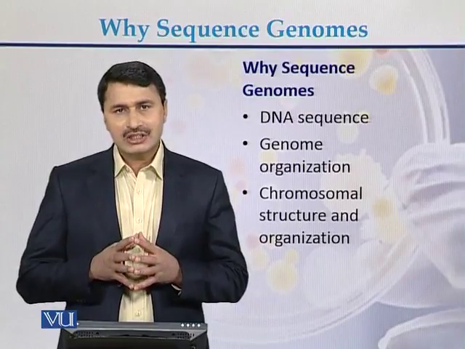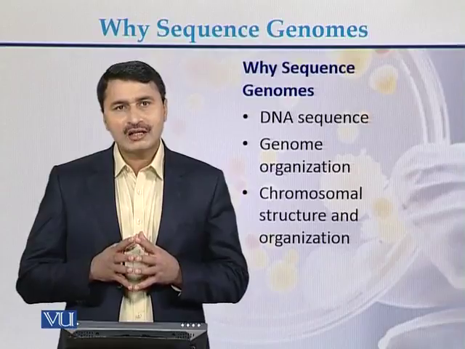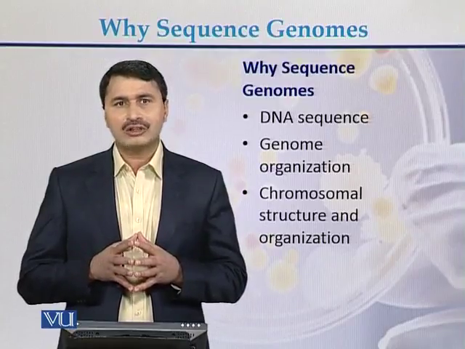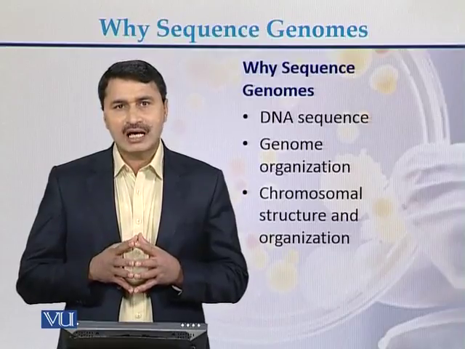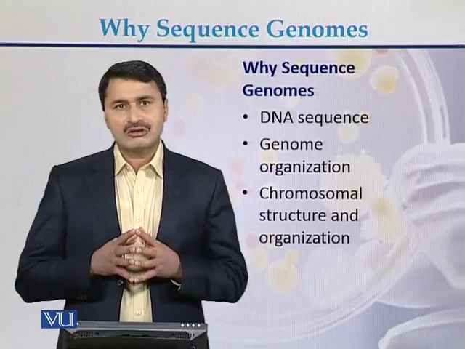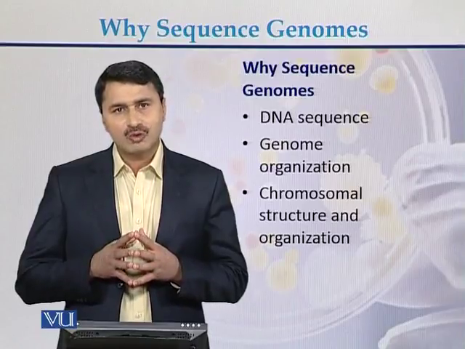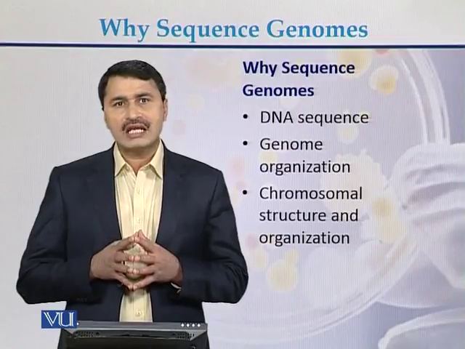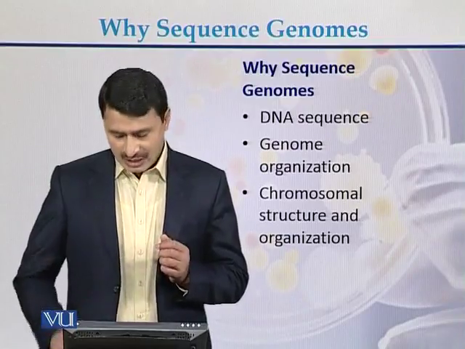By sequencing genomes, we can come to know how many genes are present on the genome, what is the percentage of DNA which is coding in nature, and what is the percentage of DNA which is non-coding in nature.